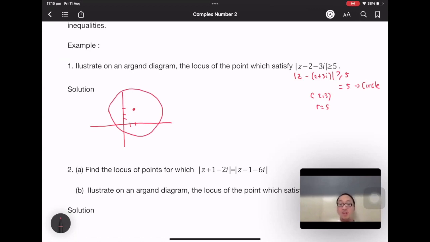This is the equation equal to 5. But now we have to find greater than 5. That means the solution of z is not just on the circle, but on the line of the circle and outside the circle.